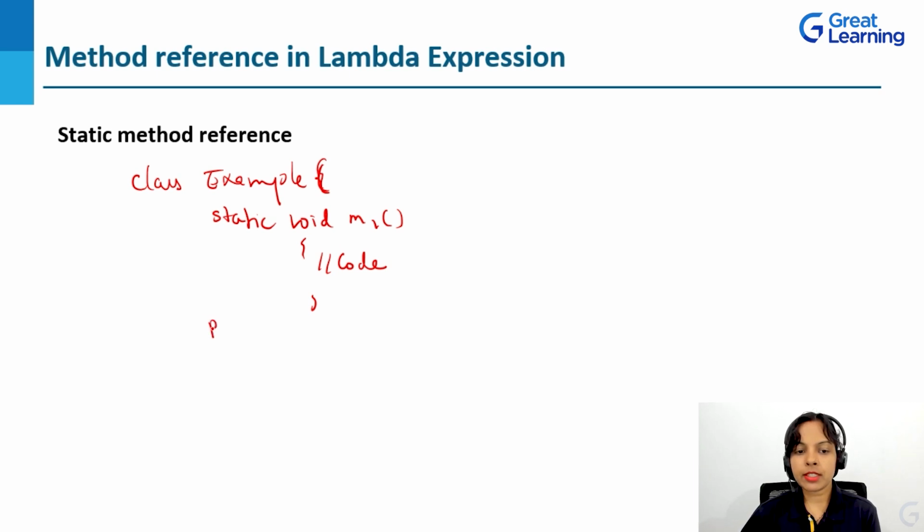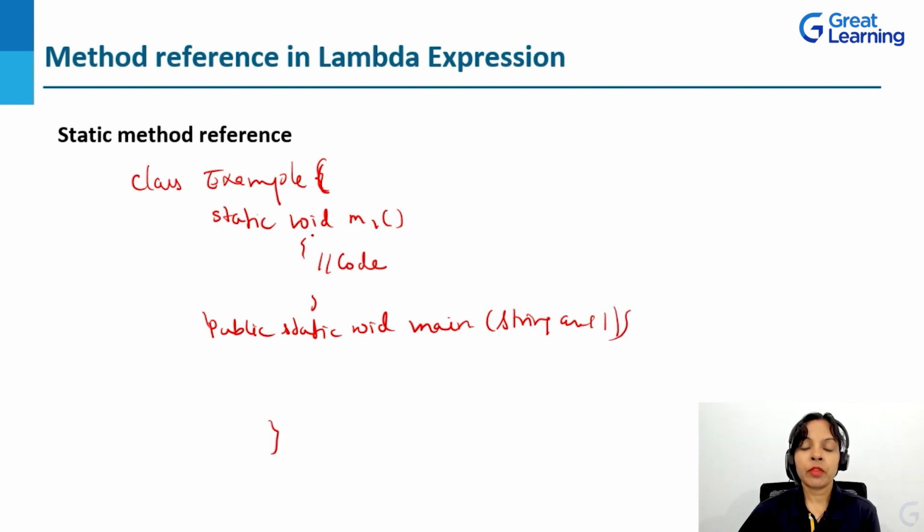Now from the public static void main method, public static void main string args, I want to make use of the concept of the Lambda expression, and I want to call this method m1 inside the Lambda expression. Then how can I refer to this static method from Lambda expression? We know that the syntax to be followed is round brackets with parameters, arrow symbol, and curly brackets, and then ending it with a semicolon.